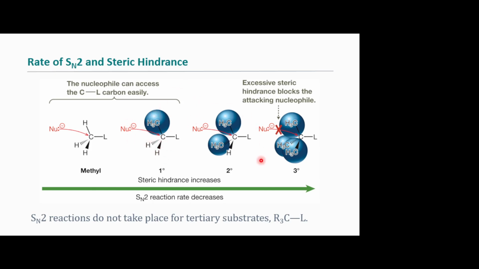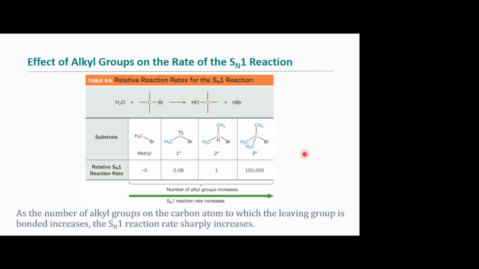In the secondary, we blocked off most of the space. In the tertiary, we've essentially blocked all the space. Technically, it can reach in between and get an attack sometimes, but the likelihood of it happening is incredibly low. It's very, very, very slow.